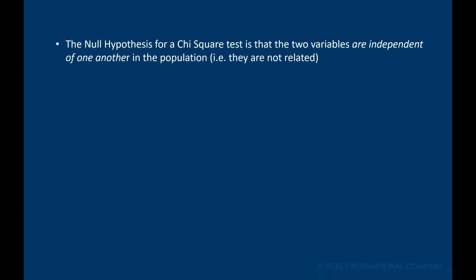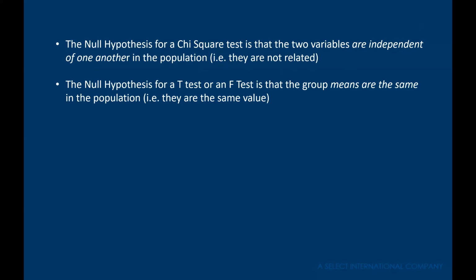So here are some examples. For a chi-square test, the null hypothesis is that the two variables are independent of one another in the population, i.e. they're not related. So there's no relationship between them. For a t-test, which we've just seen, or sometimes an F-test, which looks at more than two groups, three or four or five groups, the null hypothesis is that the group means are the same in the population.